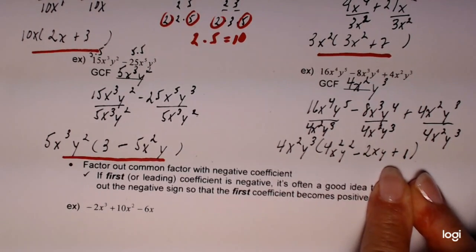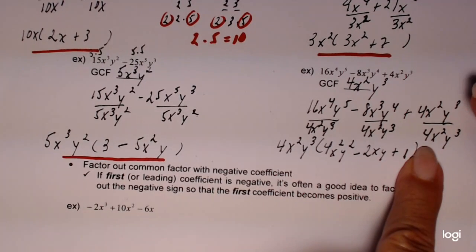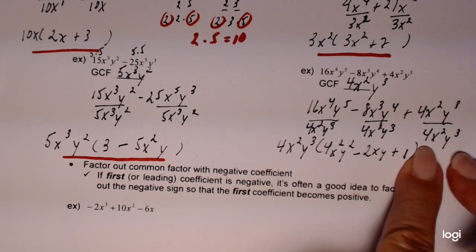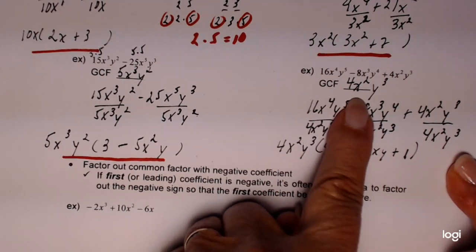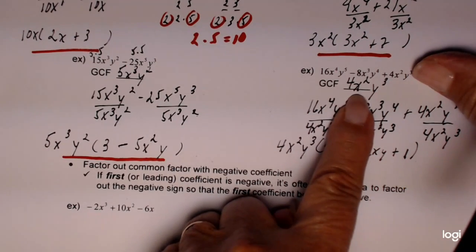If you take a look for a moment here, our GCF is the exact same information as our third term, as our last term. I'm going to repeat that. Our greatest common factor is exactly the same as one of our terms.